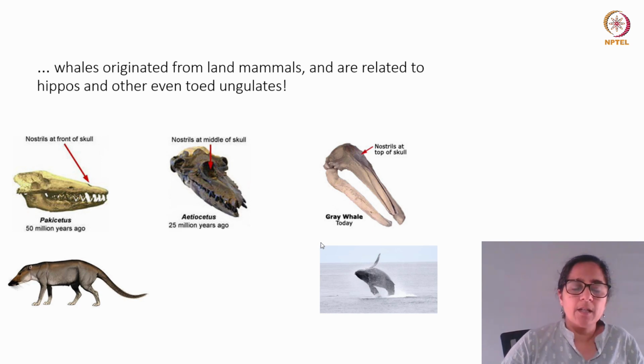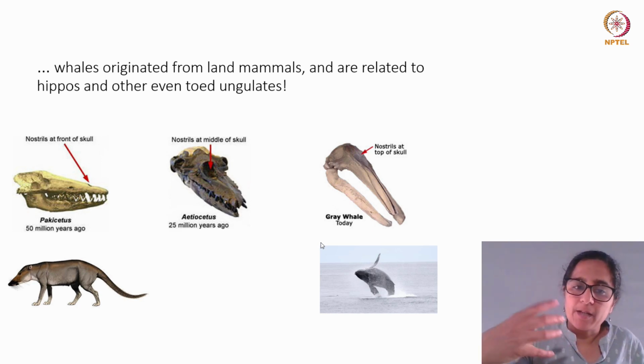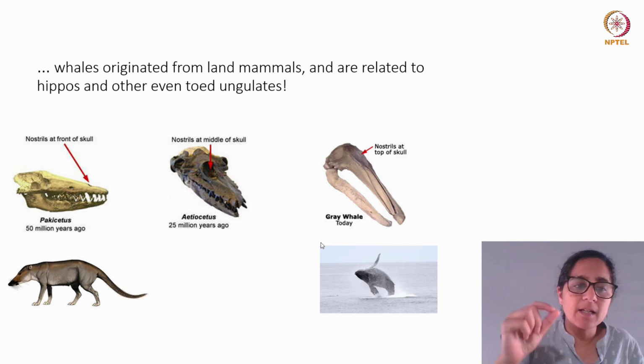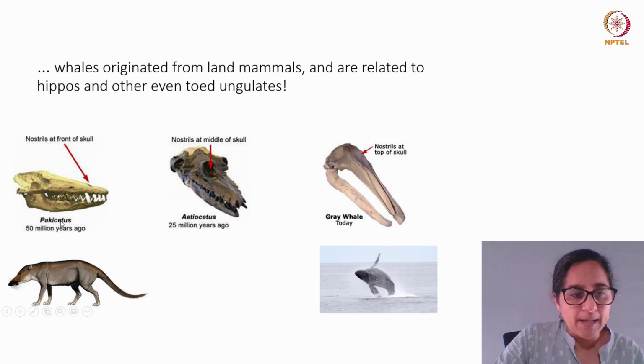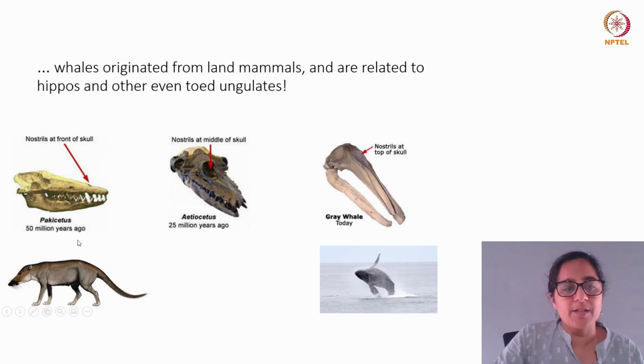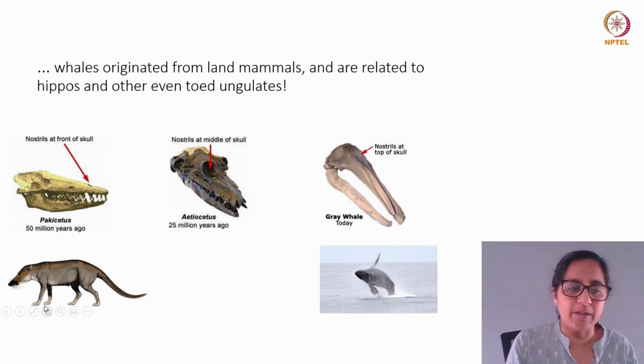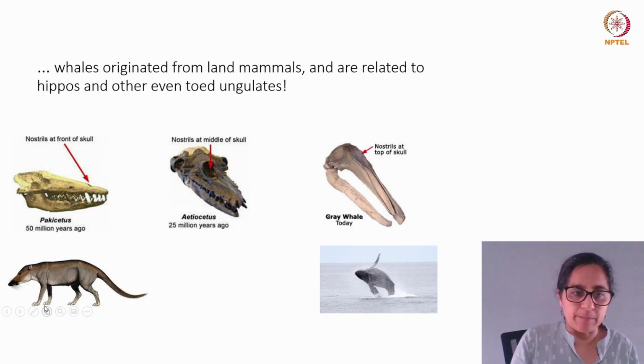So, if you look at their skulls and various other bones, you'll see that there are certain similarities and certain changes which you can track across millions of years through the fossil record. So let's look at Pachycetus. Of course, this is a fossil, and this is a constructed cartoon representation of Pachycetus. It lived 50 million years ago. It's named Pachycetus because we found fossils in Pakistan and other areas nearby.